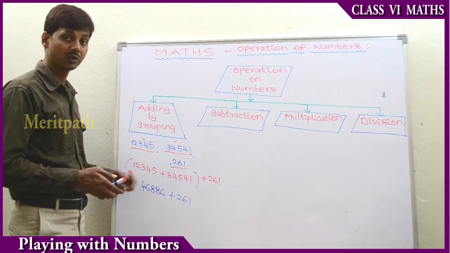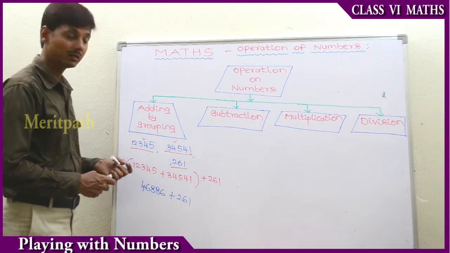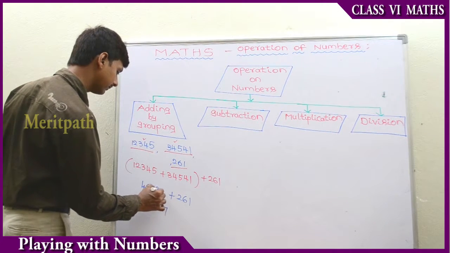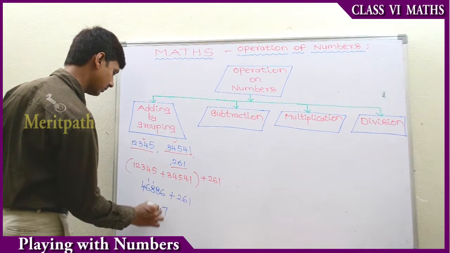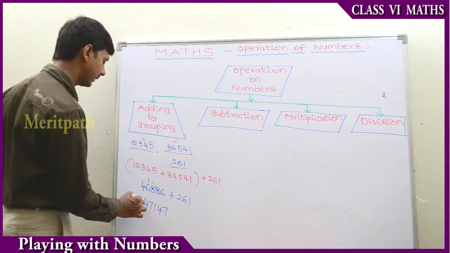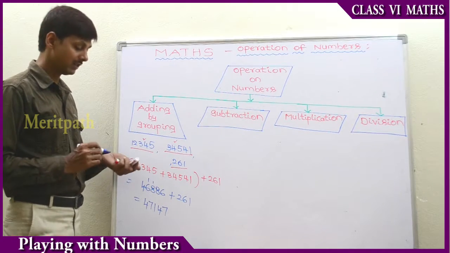With that we need to add 261. Let's add these two numbers. The final result we got is 47,147.